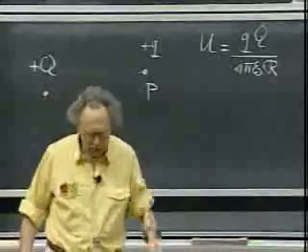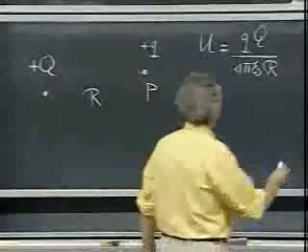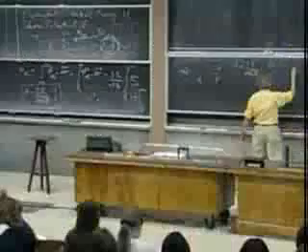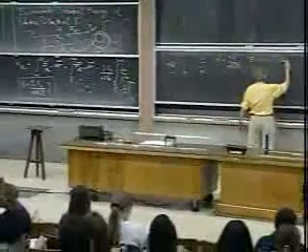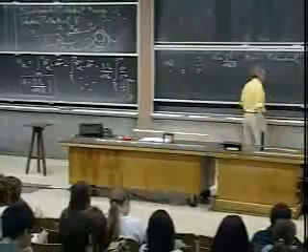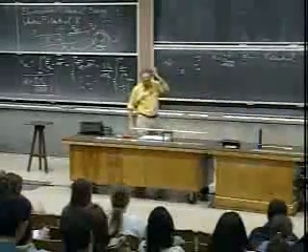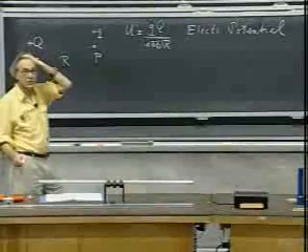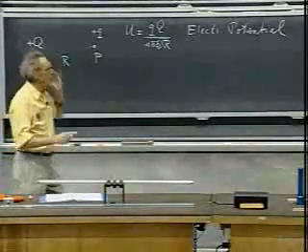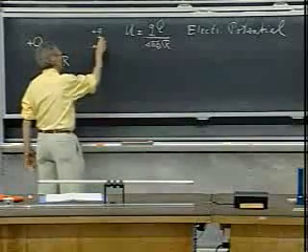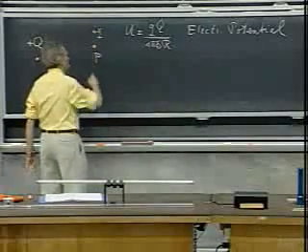Now I'm going to introduce electric potential. And that is the work per unit charge that I have to do to go from infinity to that position. So q doesn't enter into it anymore.